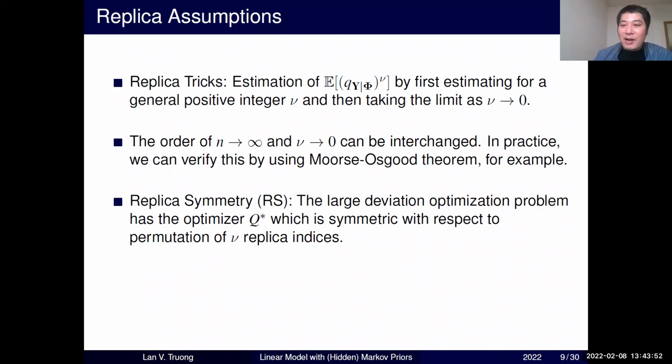We assume that it has a substructure, but for the general problem, it may not have a decoupled structure. But I think that for this problem, when the matrix is IID and the vector X has Markov or hidden Markov structure, this assumption looks good enough. For the general case, it may not work, but for this example, I think that it works. But I cannot prove it rigorously now.